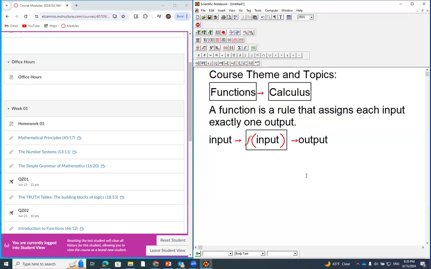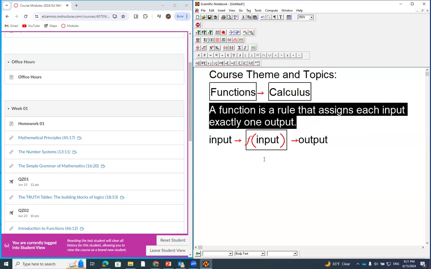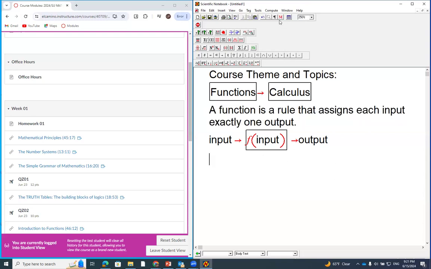So what are the functions? Let me give you some examples. You have learned a lot of them. You may not realize that there are so many of them that fall into this category. For example, one function could be f of x equals x.